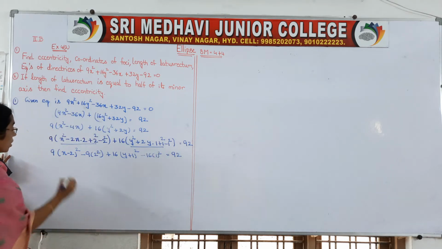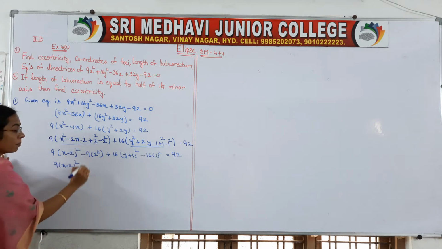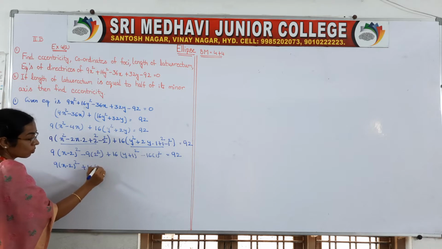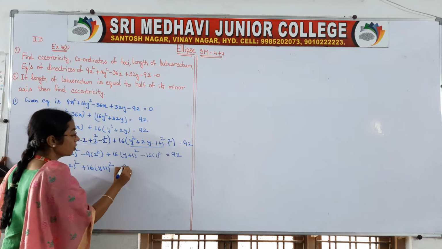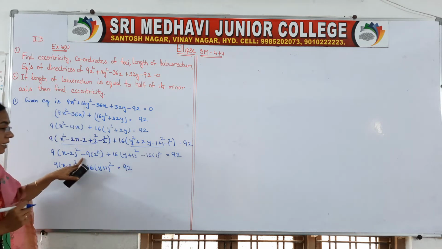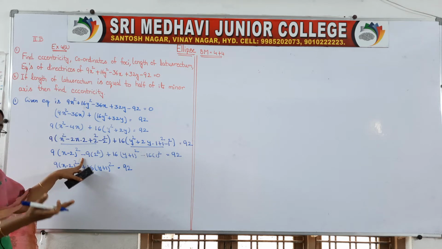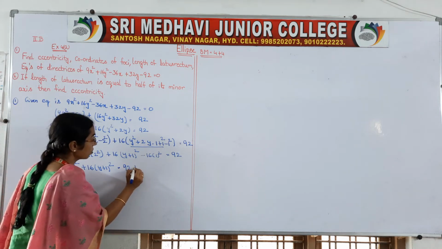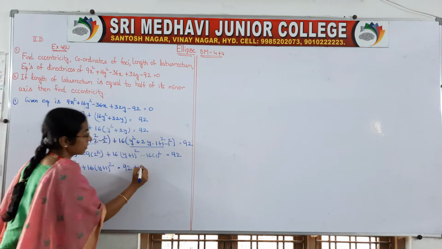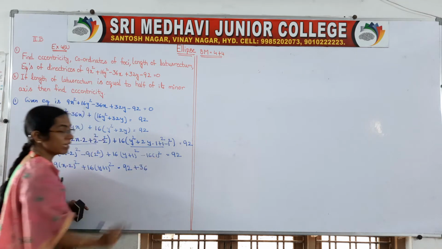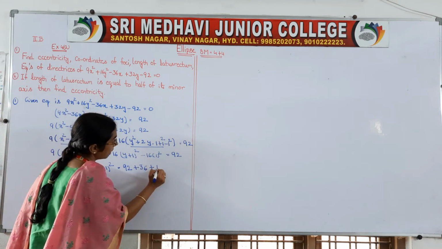is equal to 92. So 9 into (x minus 2) whole square plus 16 into (y plus 1) whole square is equal to, come on, 92, and send these constant values to that side. Both are negative. If you send them to that side, both become positive, right? Here 2 square means 4, 9 fours are 36. Okay, here 1 square is 1, 1 into 16 is 16, it becomes plus.